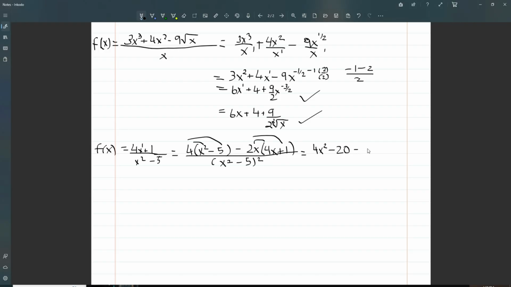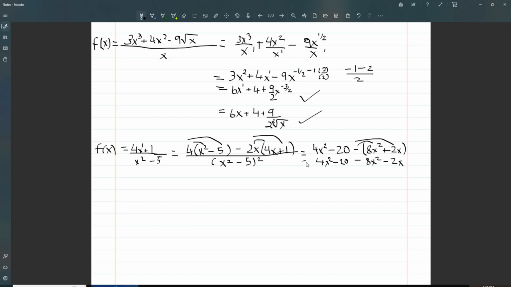Minus 2x times 4x, that's 8x squared, and 2x times 1 is positive 2x. Okay, and then as we distribute the negative, let's just rewrite this down here, 4x squared minus 20. And we'll have a negative 8x squared here, and then negative 2x.